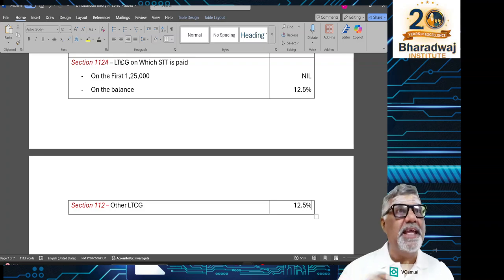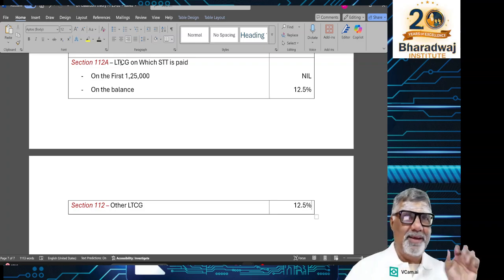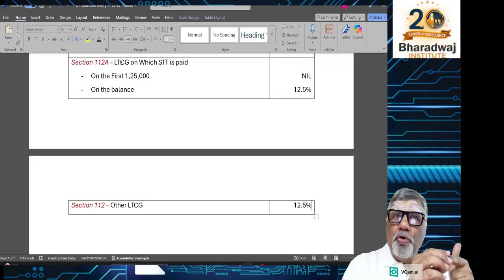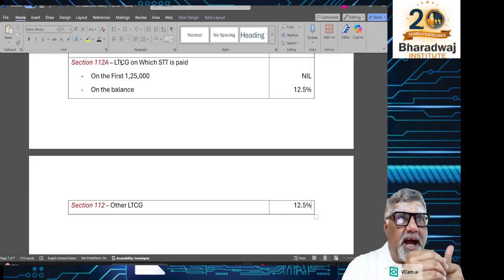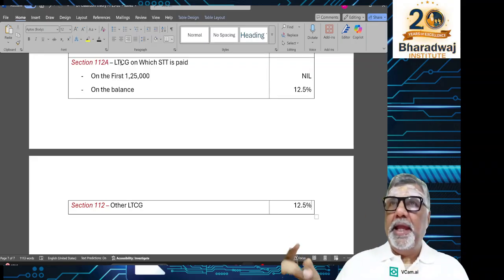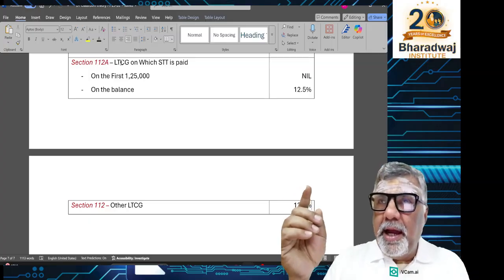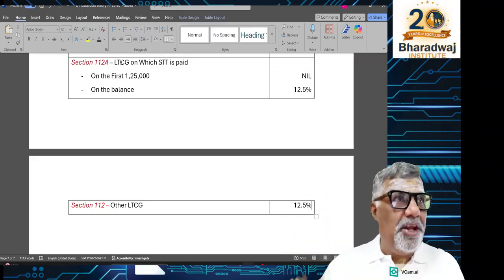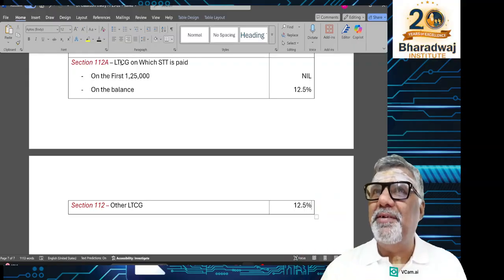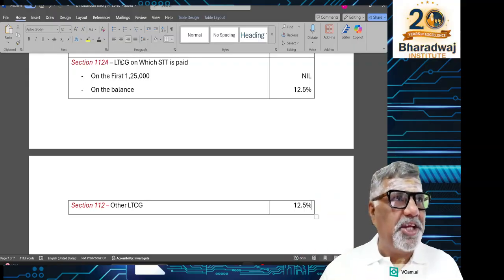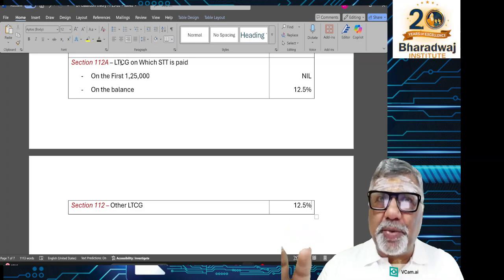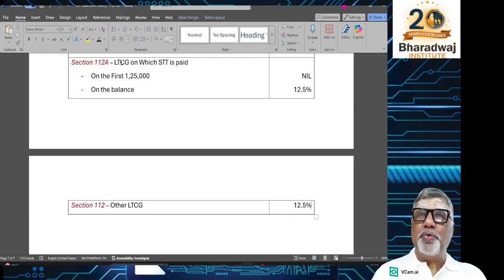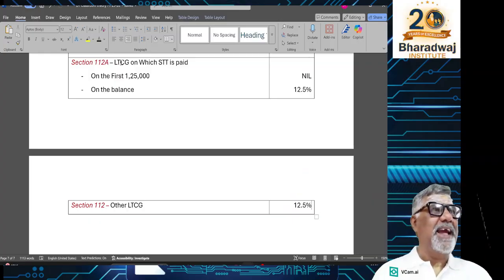If the asset sold is an immovable property, only for one set of assets, individual and HUF, only for one form of capital asset, immovable property, if the rate of taxation by applying indexation, which is 20%, is lesser than 12.5% without indexation, then the assessee can opt.